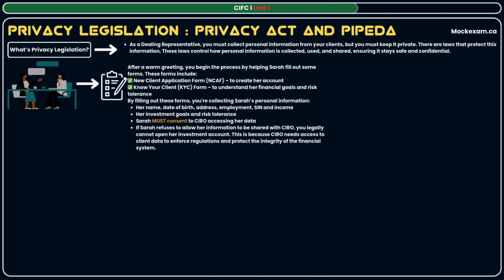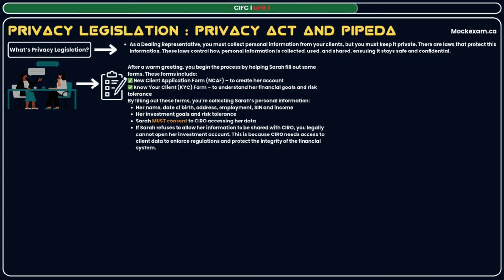You are collecting Sarah's personal information. Like what? Like name, date of birth, address, employment, maybe SIN number, her income, her investment goals and risk tolerance. So you're collecting this information from Sarah.